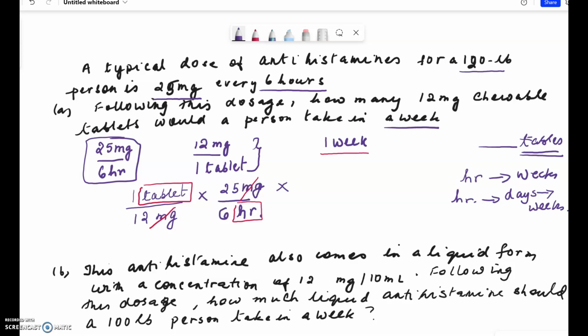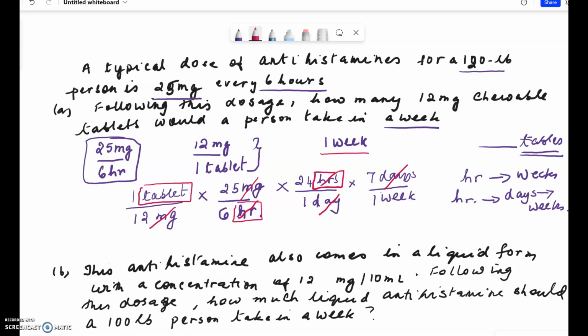So 6 hours, so 24 hours per 1 day. So a unit of measurement of time now is in days, because the hours cancels with the hours. And now finally we can change days to weeks. So 7 days per 1 week. So we cancel days with days.